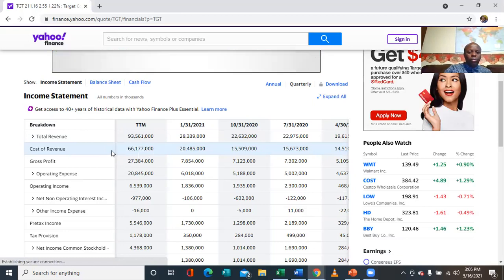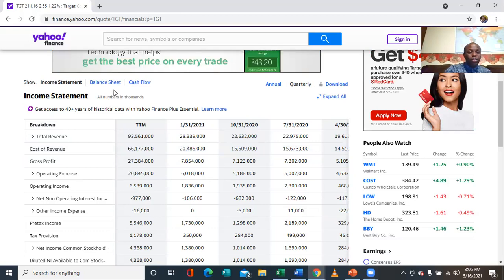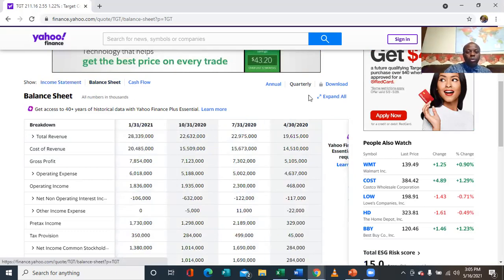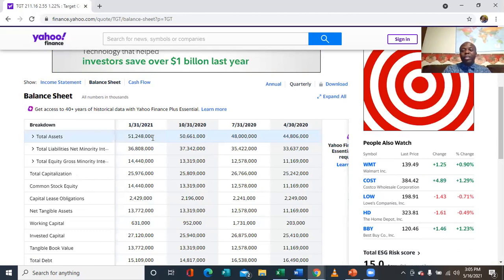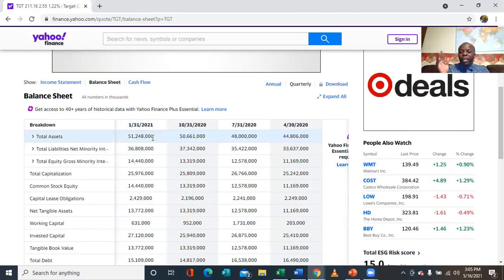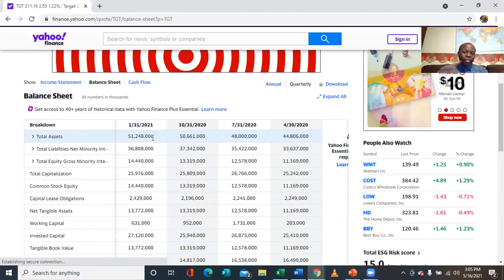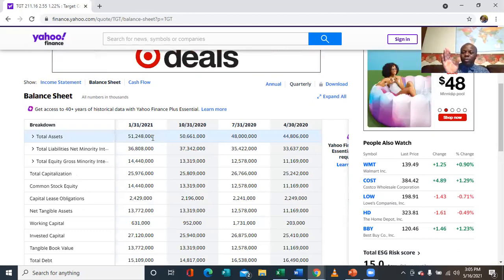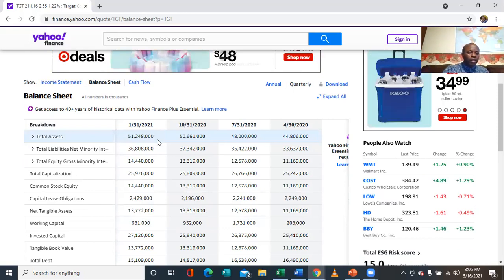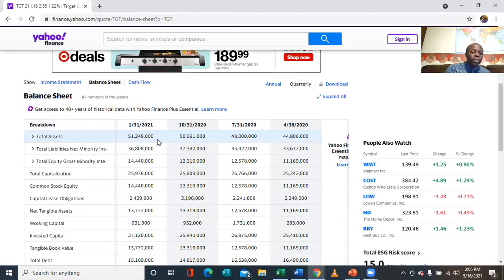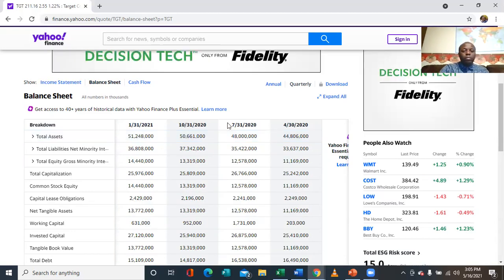Total assets we get from the balance sheet, again quarterly. Again, we're removing the last 3 zeros, the same thing I did in the Walmart financial statement. If you like, you can keep the last 3 zeros. It doesn't matter. I did it to make the calculation easier and faster. The asset is right here, 51,248.